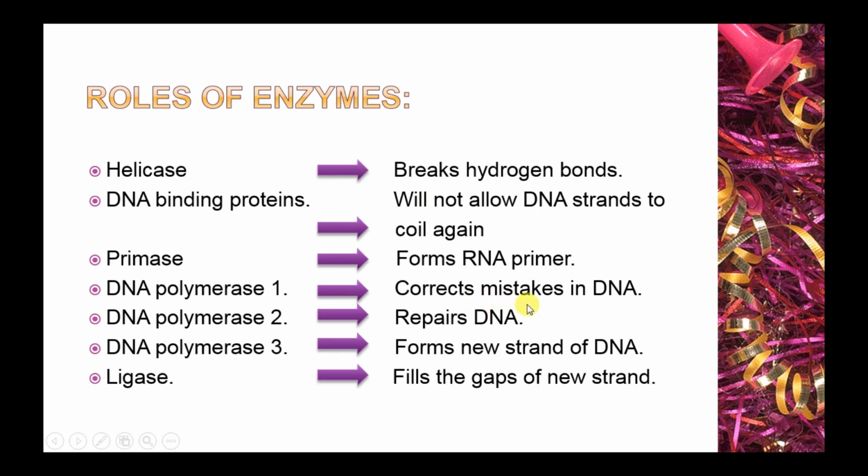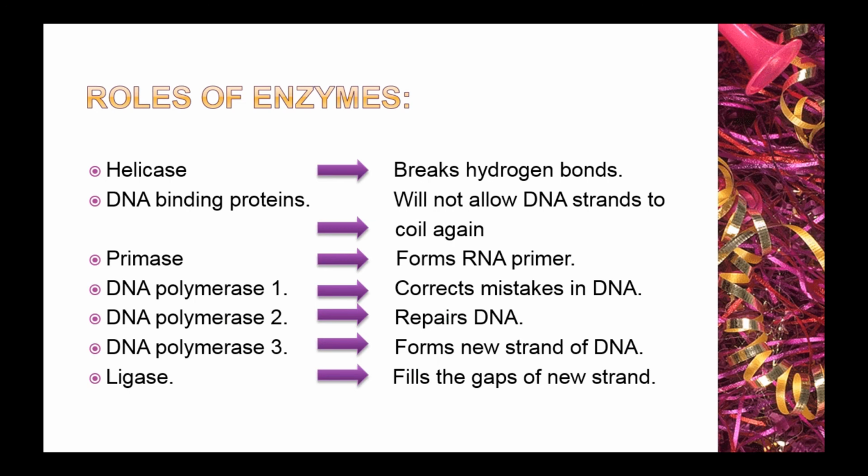It could cause errors. So DNA polymerase 1 will work as a proofreader, which will basically correct all the mistakes which were maybe created during the formation of the new strand.